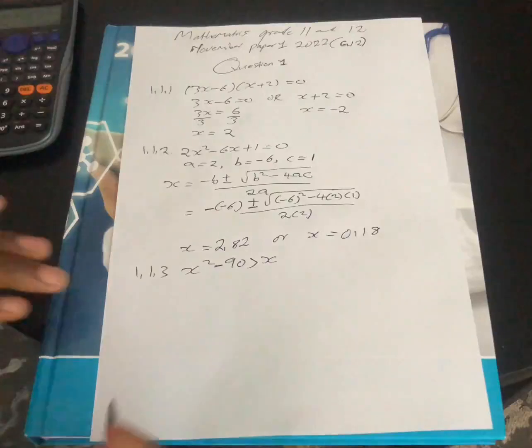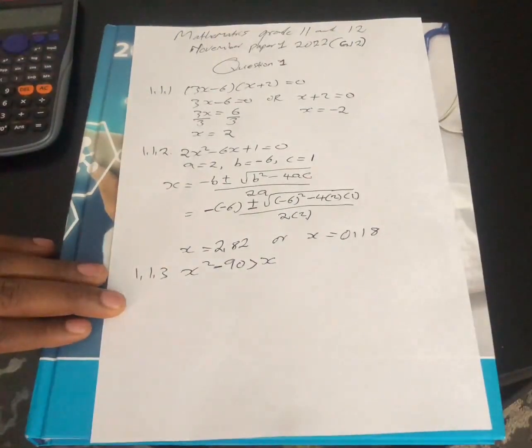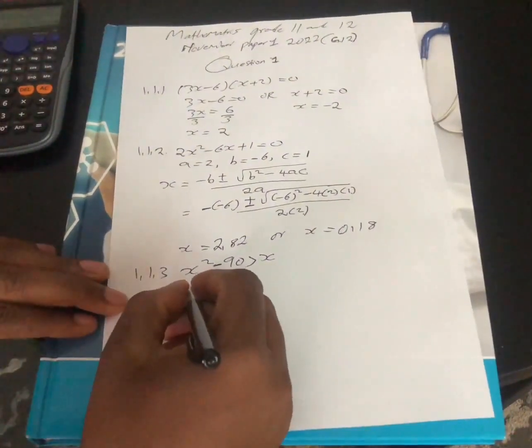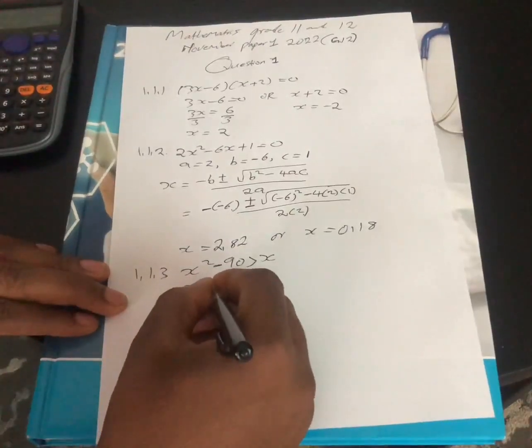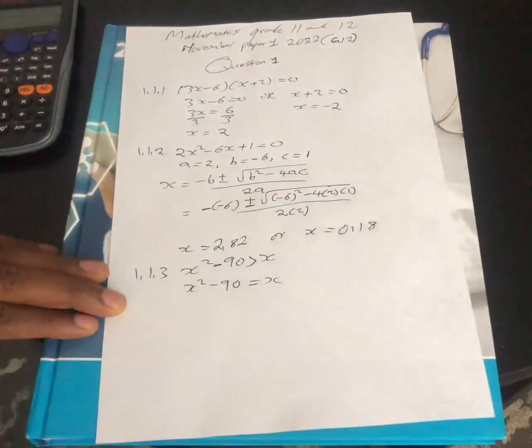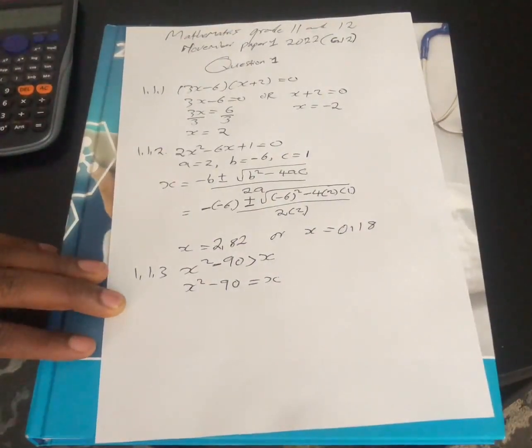So you are allowed to change this greater than to be an equal sign so that you don't get confused, so that you know what to do. So we are just going to say x² - 90 = x. You can change this so that you find your critical values in the simplest way.